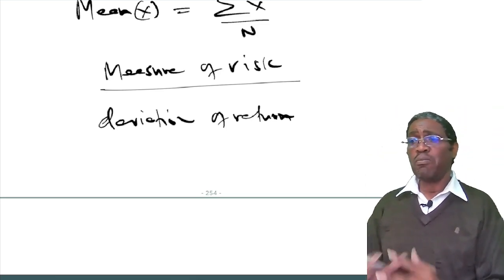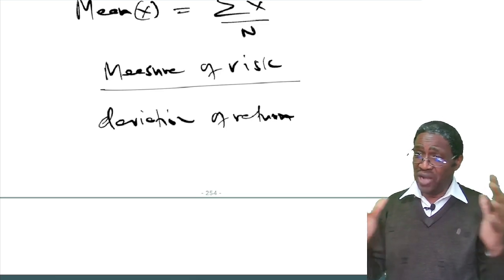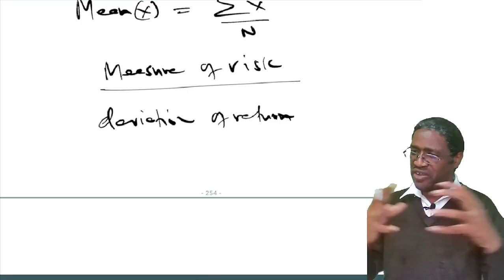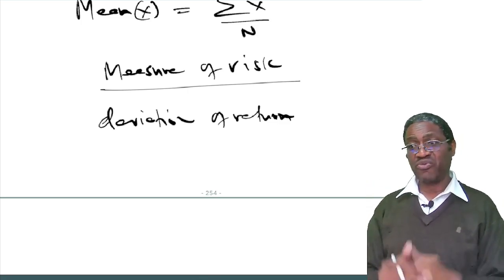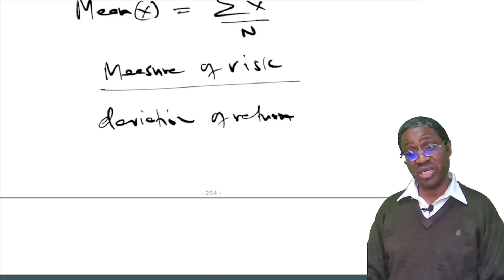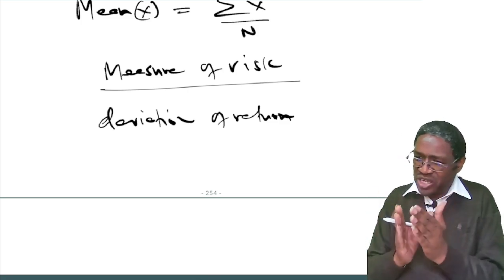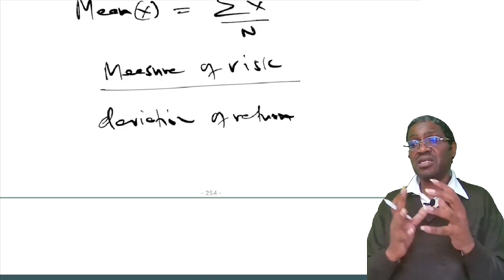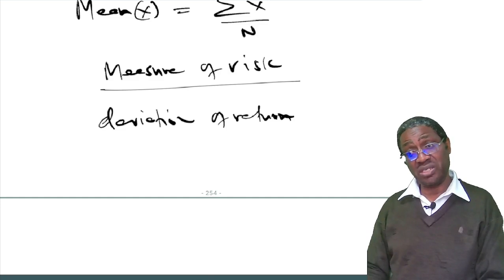Okay? So the more the returns deviate from the average, the more risky the investment. The less the deviation from the mean, from the average, the less risky the investment is. Are you following?